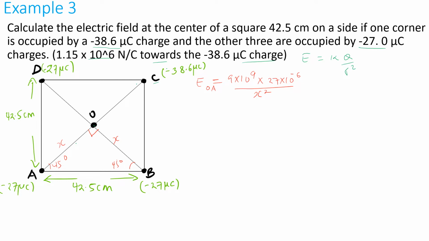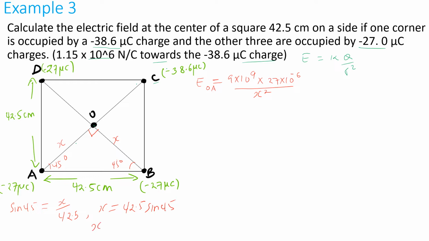Since we have a right angled triangle, to get x we can use whatever we wish. Let's say sine of 45 is equal to opposite, which is x, over hypotenuse, which is 42.5, and that means x is going to be 42.5 sine of 45.